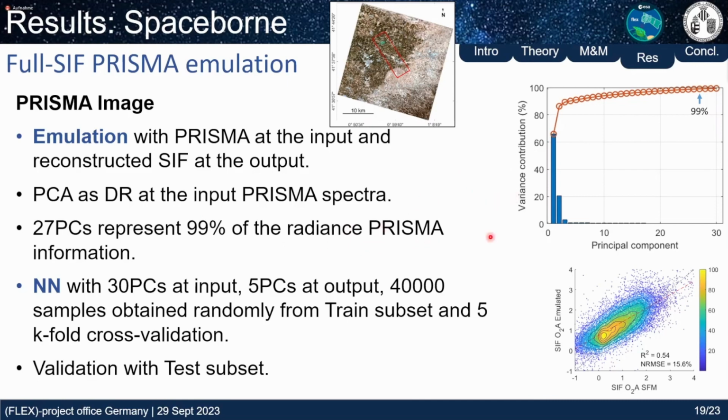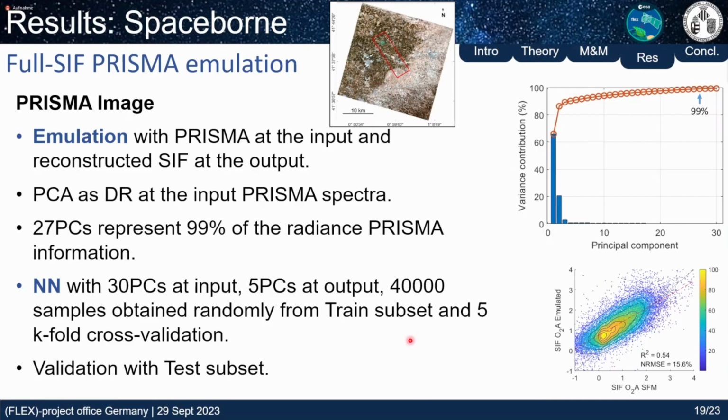And we trained a neural network using 30 principal components at input for the reduced dimensionality of the PRISMA, 5 principal components at output, because as we saw before, only 2 principal components are enough to represent 99% of the variance of the spectrum, and 40,000 samples obtained by randomly picking from both images.